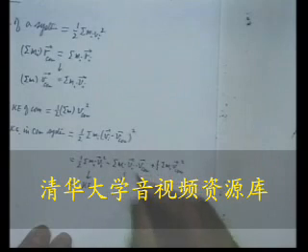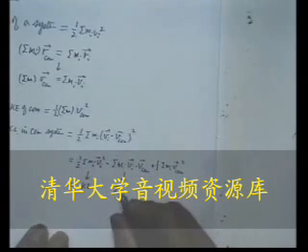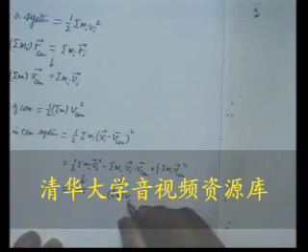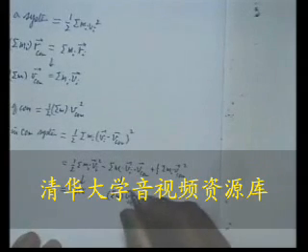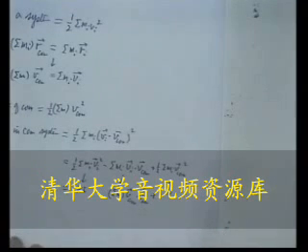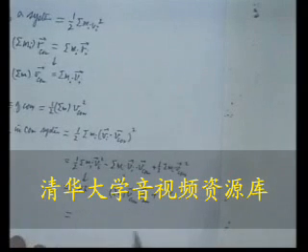This term becomes sum of m times v center of mass dot v center of mass, plus, but these two terms are exactly the same except for a factor of 2.